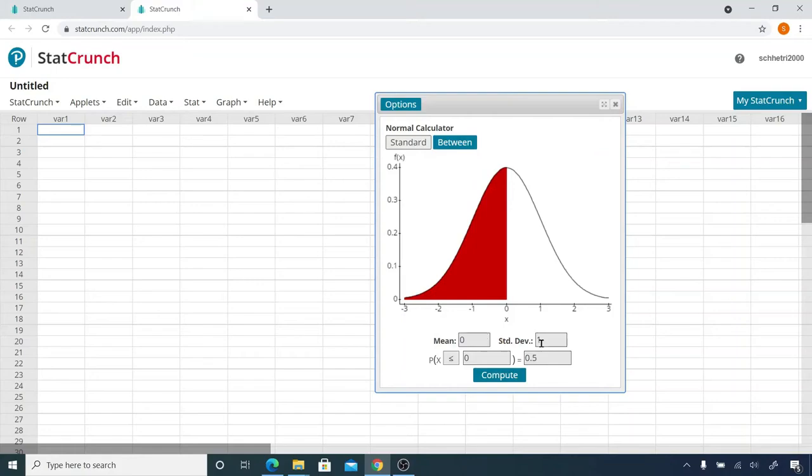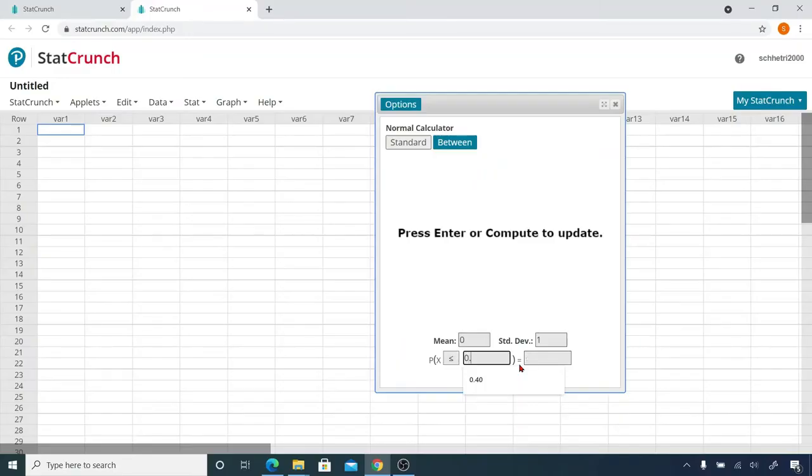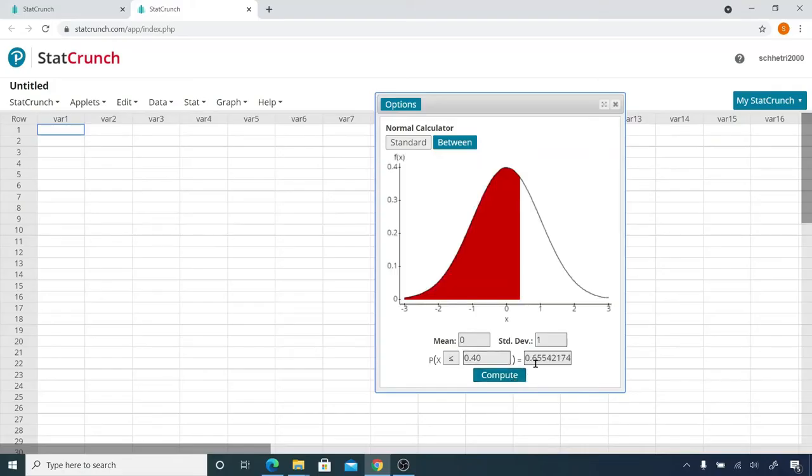This is saying standard normal distribution with mean 0 and standard deviation 1. Now we are talking about the Z score that would be less than or equal to 0.40. And when I compute, I get 0.6554. So you can see the area less than this.